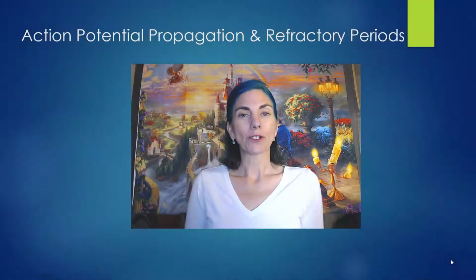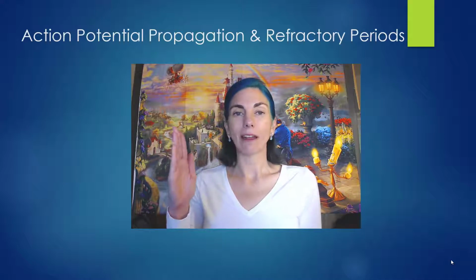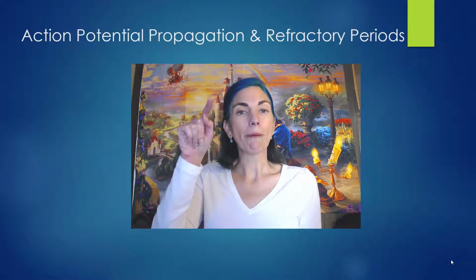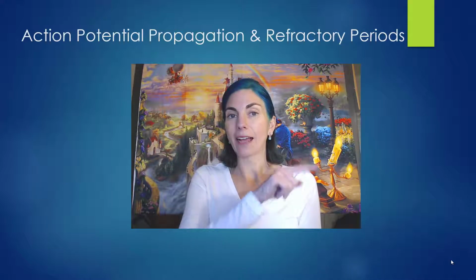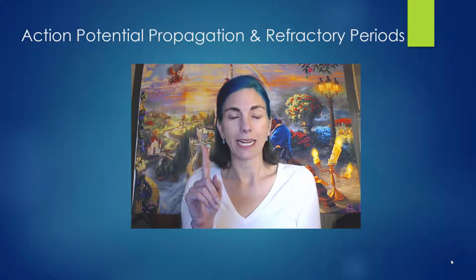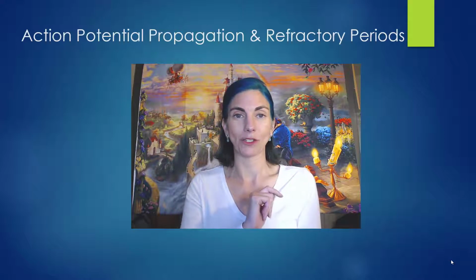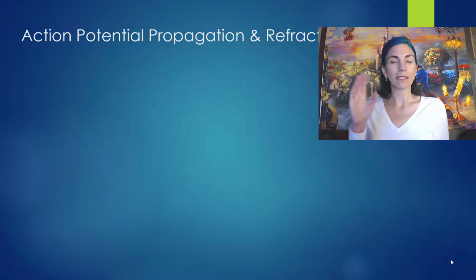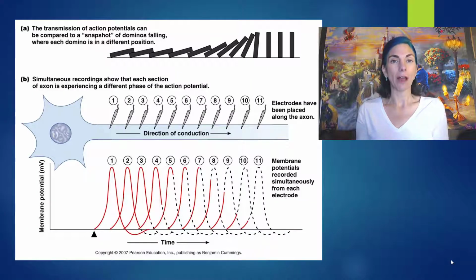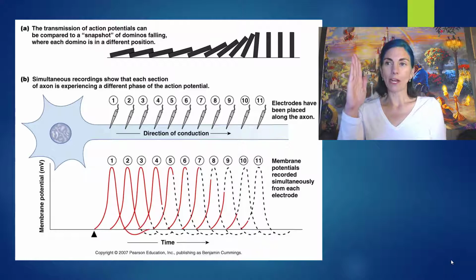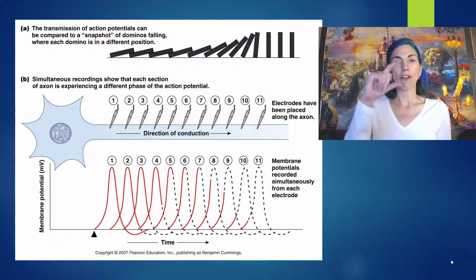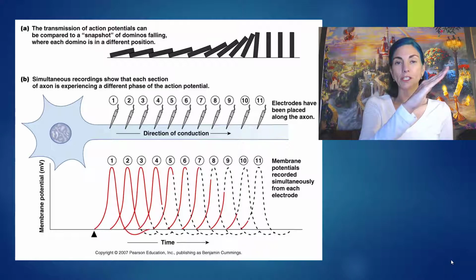So action potentials are going to start in the axon hillock and then propagate down the length of the axon. Now, it's not just one action potential, it's multiple action potentials. And the way this works is not terribly unlike a set of dominoes. When you have one domino and you push it over, every other domino in the row will start to fall.